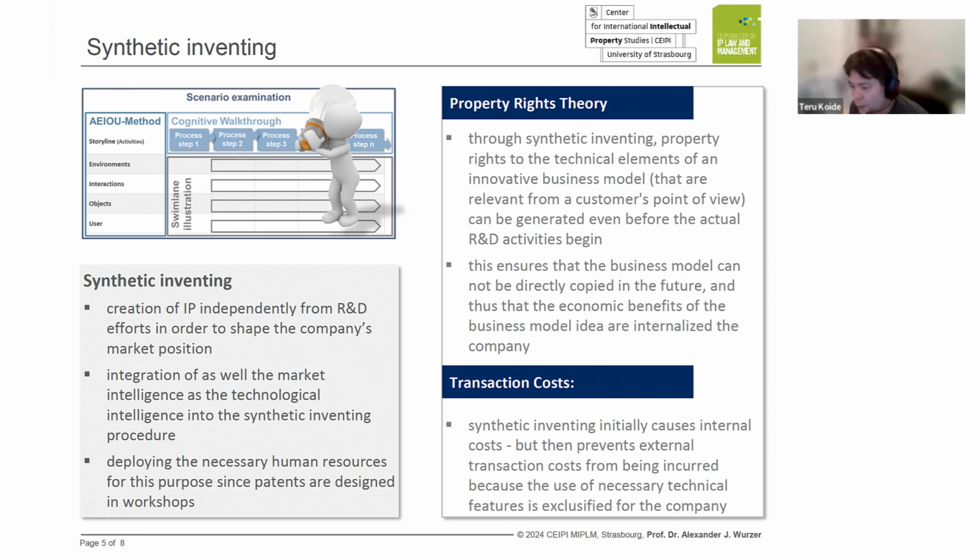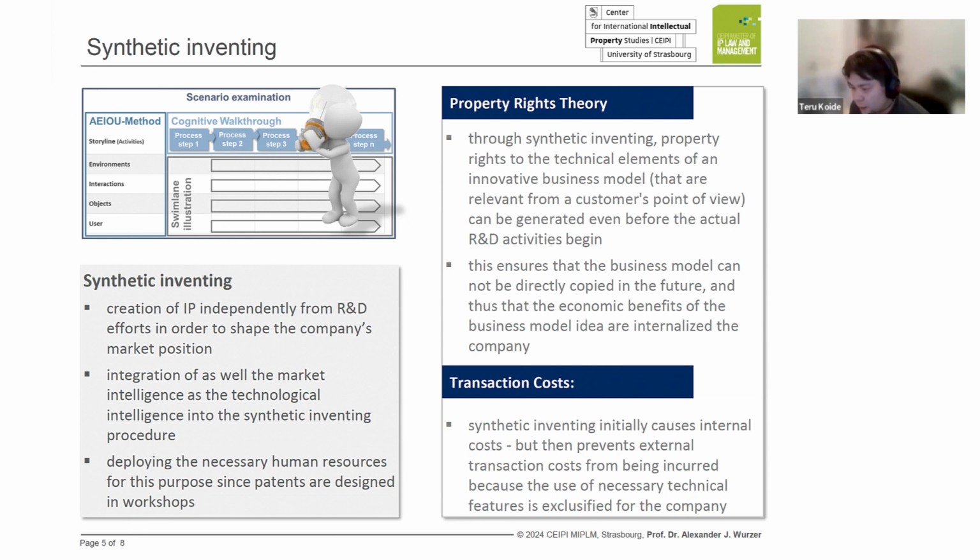According to property rights theory, through synthetic inventing, property rights to the technical elements of an innovative business model that are relevant from a customer's point of view can be generated even before the actual R&D activities begin.